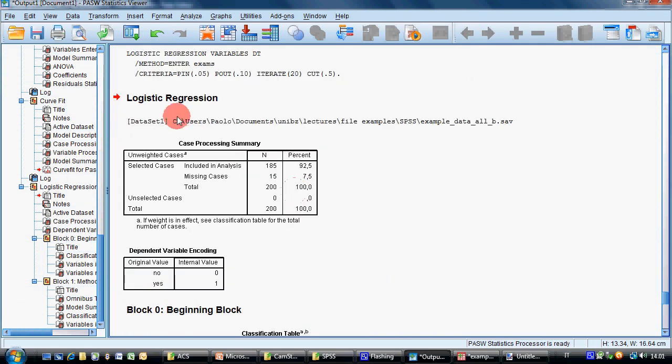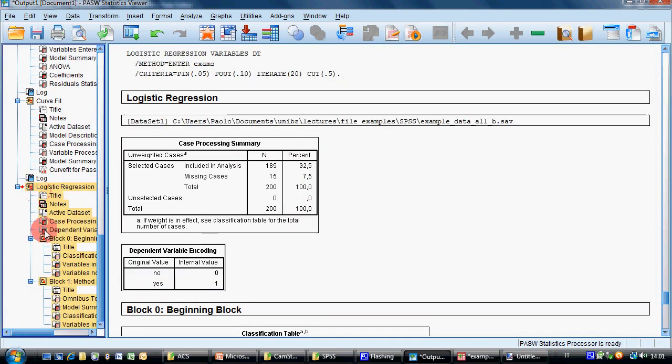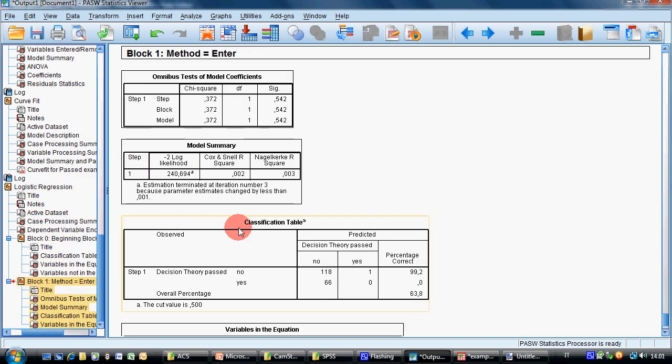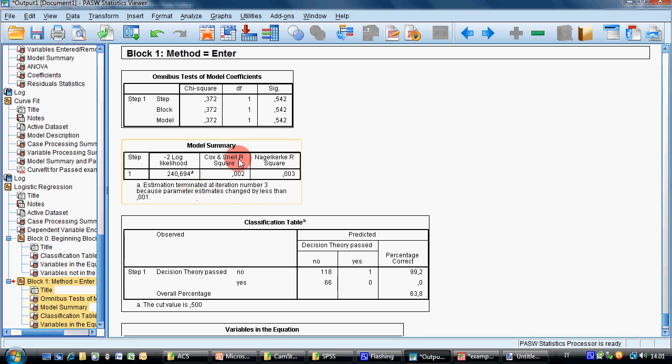You get a very long output. You can see from here it has two blocks, block 0 and block 1. Well, if you want to look at the results, jump to block 1. These are the R square, these two. There are two R square, the Cox and Snell and the Nagelkerke. Both are ridiculously low. It means that the number of passed exams is not able to predict decision theory.